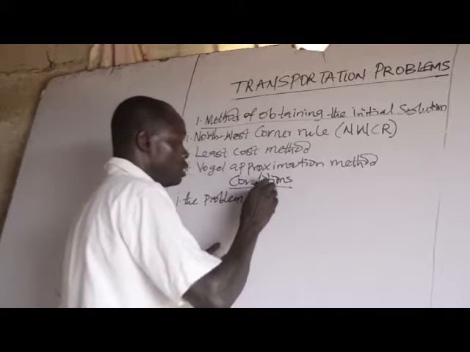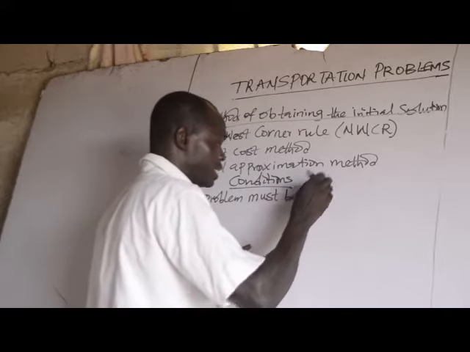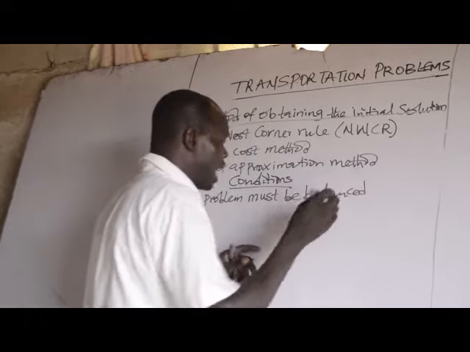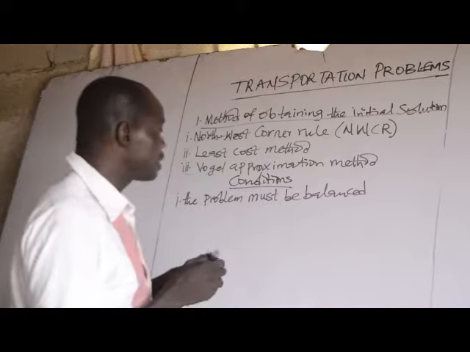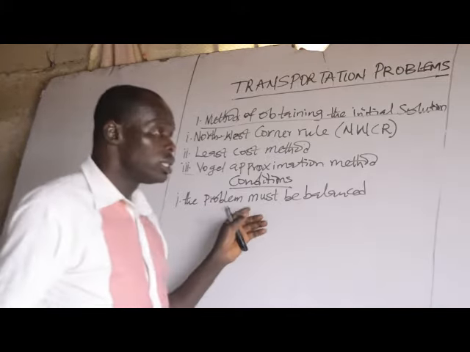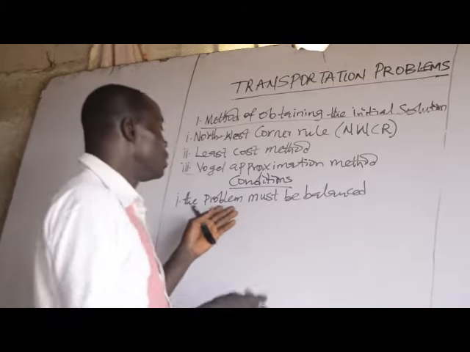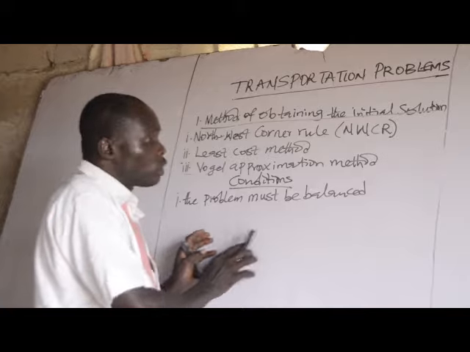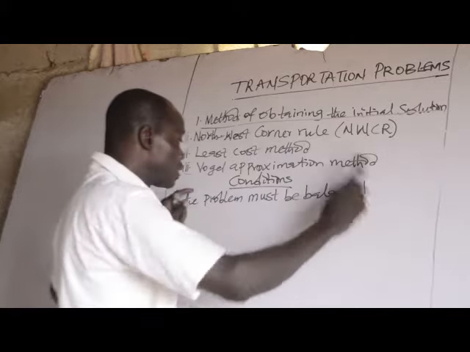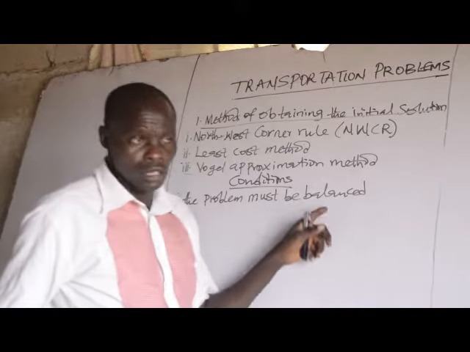The problem must be balanced. I've told you that a balanced transportation problem is the transportation problem in which the quantity demanded is equal to the quantity supplied. Demand and supply are equal.